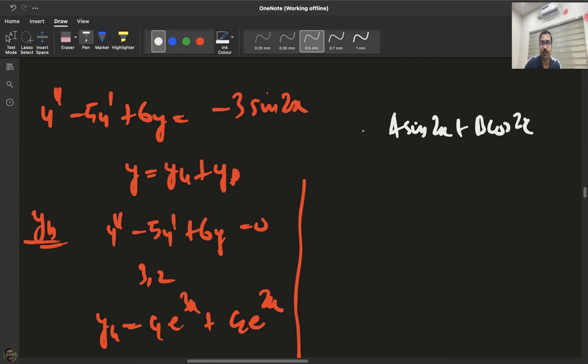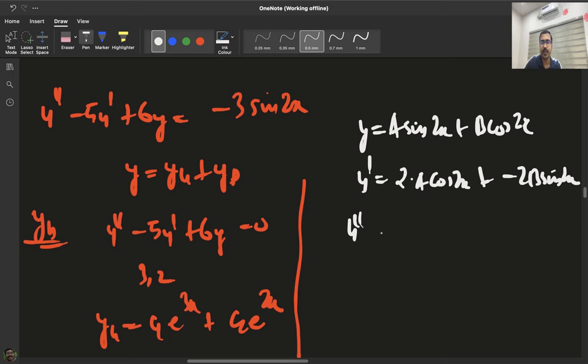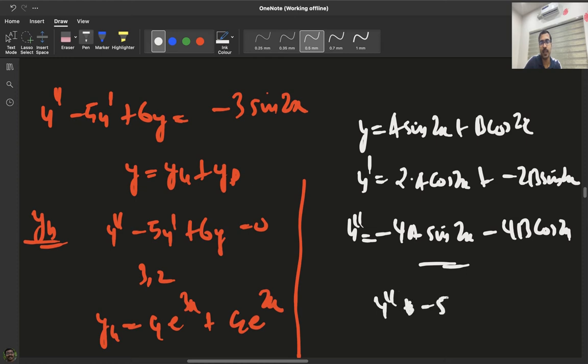So your y dash would be 2A cos 2x minus 2B sin 2x, and your y double dash would be minus 4A sin 2x minus 4B cos 2x. Substitute all this in the equation, that is y double dash minus 5y dash plus 6y is equal to minus 3 sin 2x.